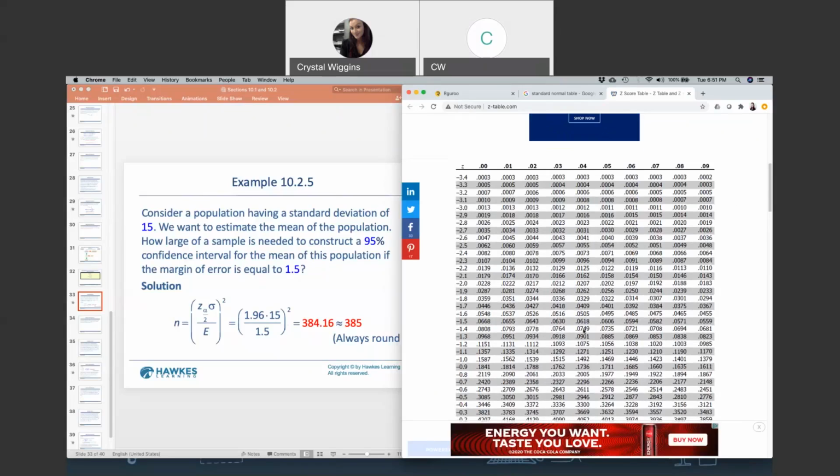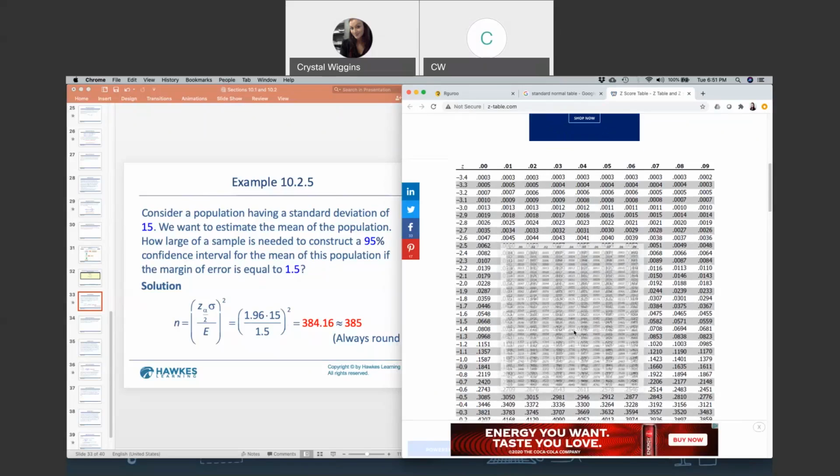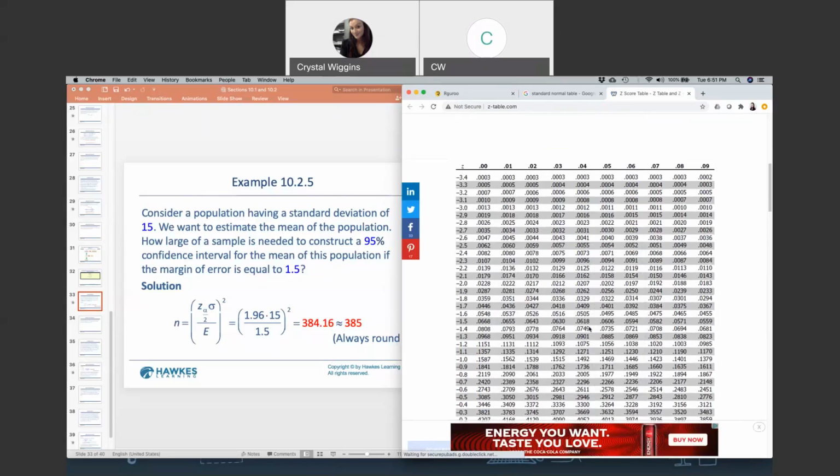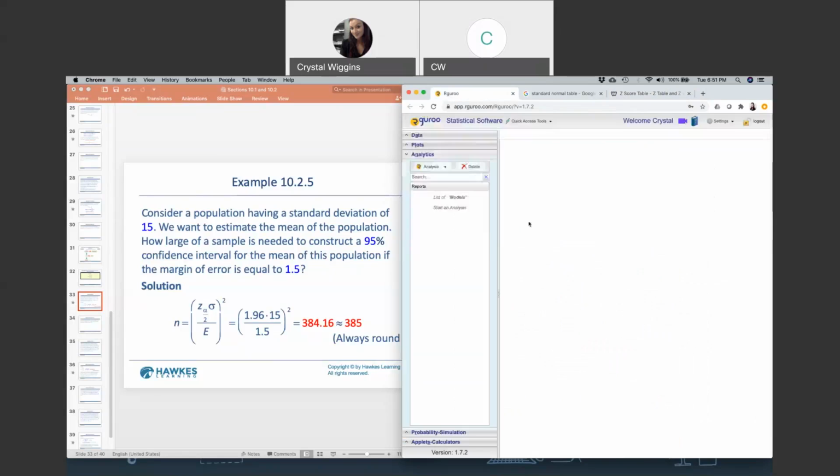Okay, so we can see that this value right here, oh, I can't highlight it. This value right here, 0.0749 is the closest to 0.075. And we see that the critical value is negative 1.44, negative 1.44.